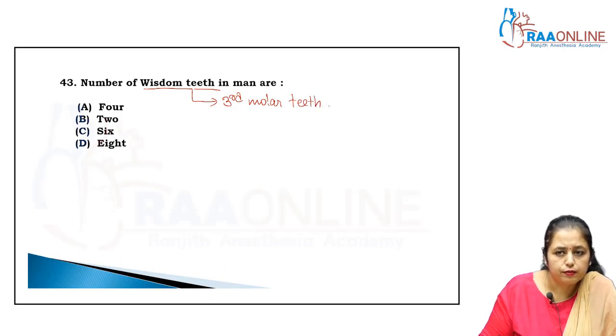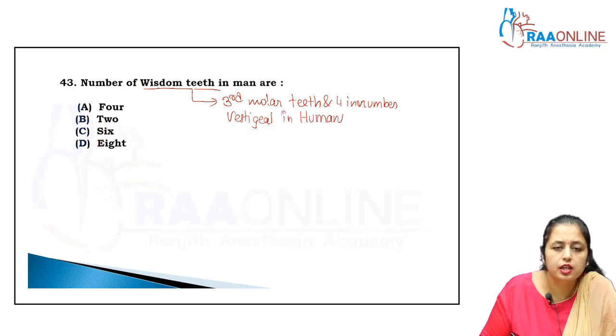Third molar teeth and 4 in number. It is also vestigial in humans, clear?